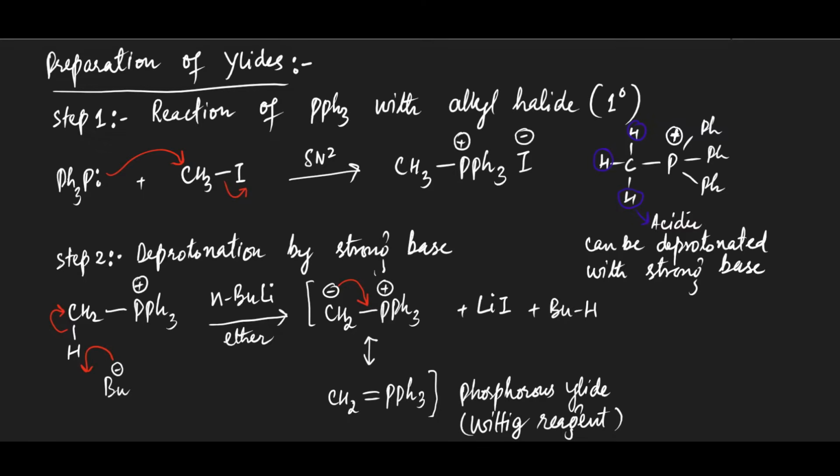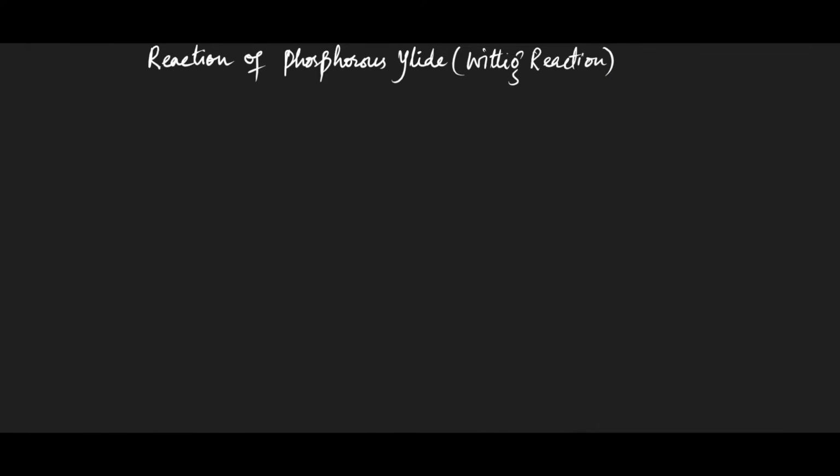One thing must be remembered here: triphenylphosphine is a bulky reagent and always prefers to react with unhindered primary alkyl halide or simple methyl halide. When we write the resonance structure of Wittig reagent, we see that the second resonance structure, with a C=P double bond and no formal charges, appears to be more stable.